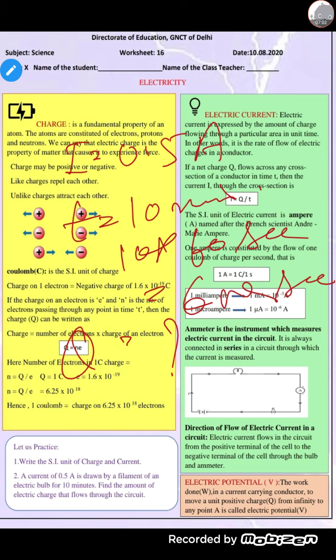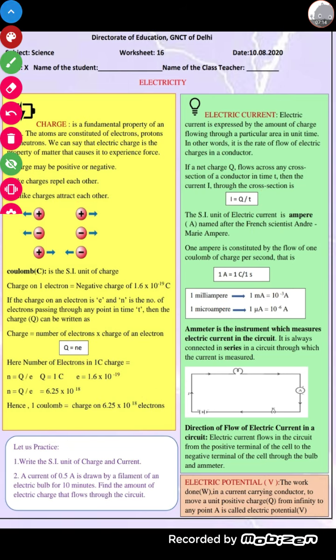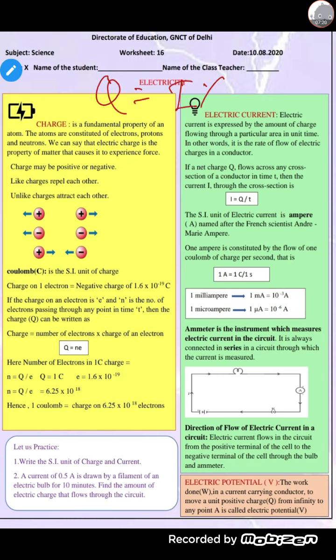So students, we have this formula, I is equal to Q upon t. You have to find out Q. So this t will be transferred to this side and multiplied. So the formula will become Q is equal to I into t. So we have 0.5 into 600.